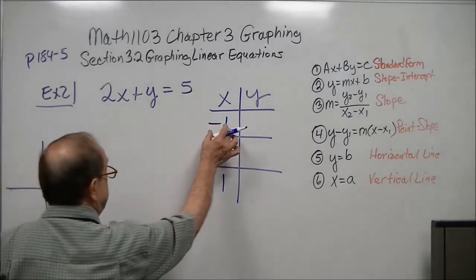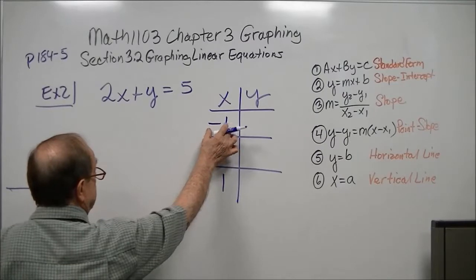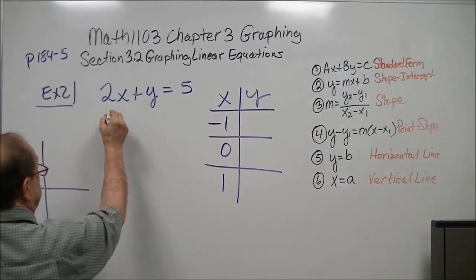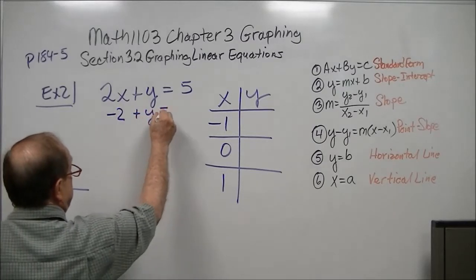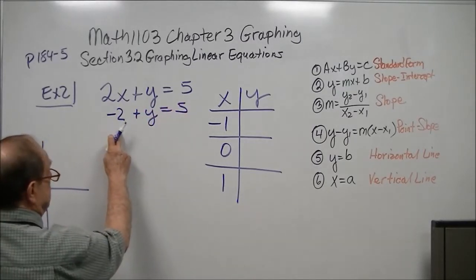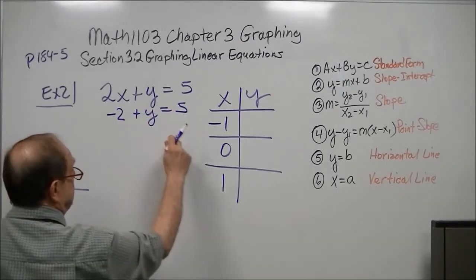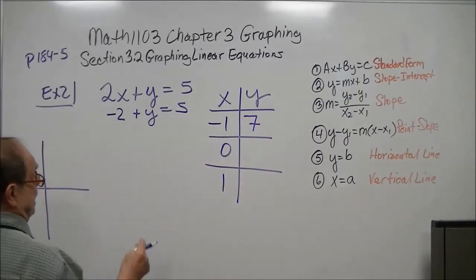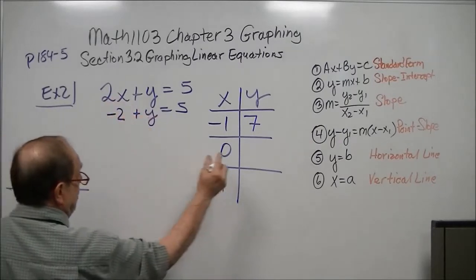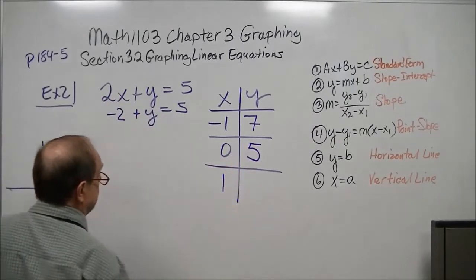If x is -1, this becomes a -2 plus y equals 5. Transpose that, and this gives you then a 7. If x is 0, y is 5.